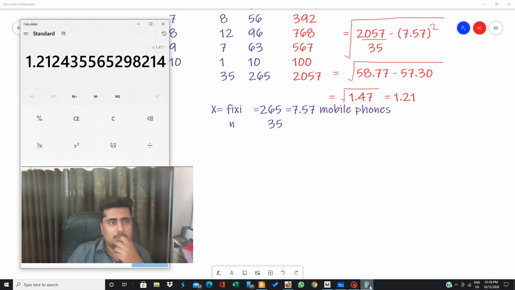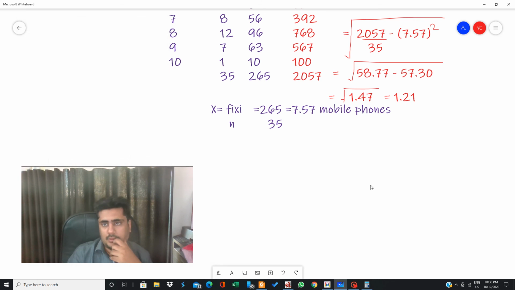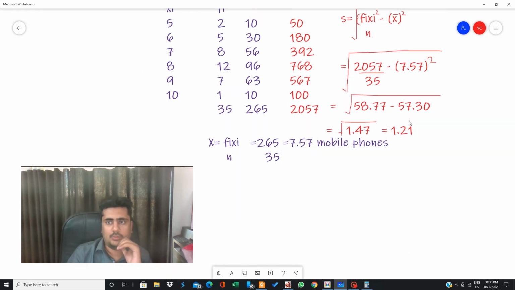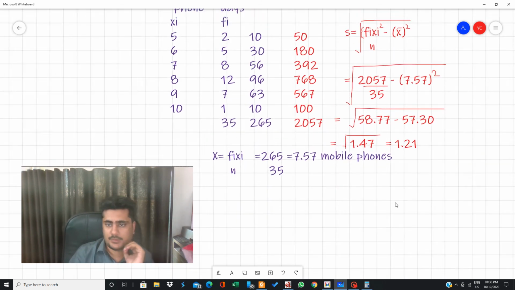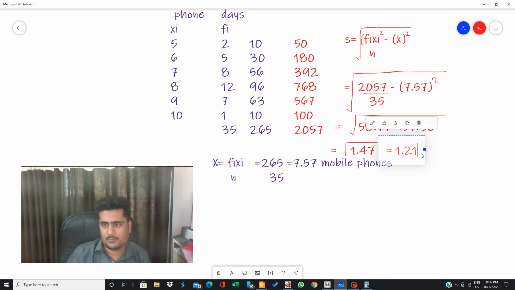We got 1.21. There may be some rounding off, but it is fine. This is 1.21 mobile phones.